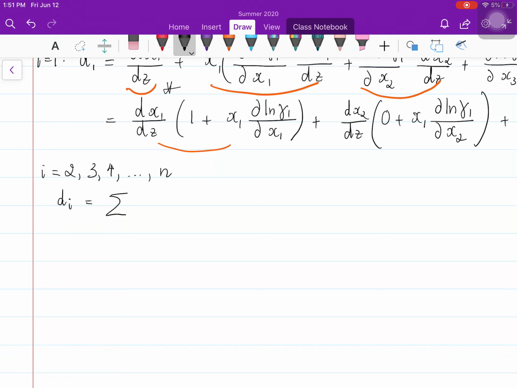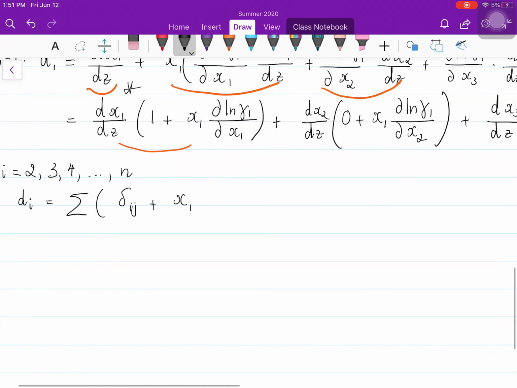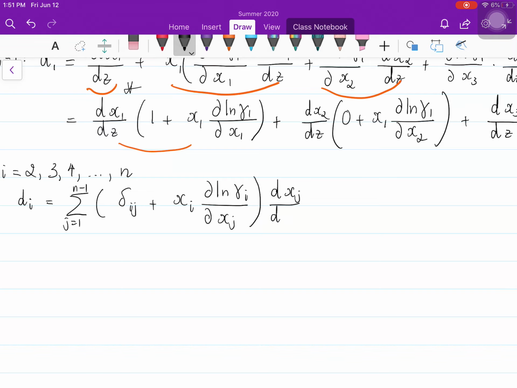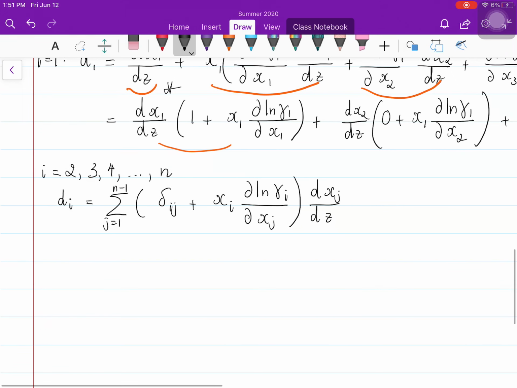as the driving force of i equal to the summation of delta ij, which I will define later, plus x_i times the partial derivative of the natural log of the activity coefficient of species i with respect to the molar fraction of species j, when j goes from 1 to n minus 1, times the derivative of the molar fraction of species j with respect to position.